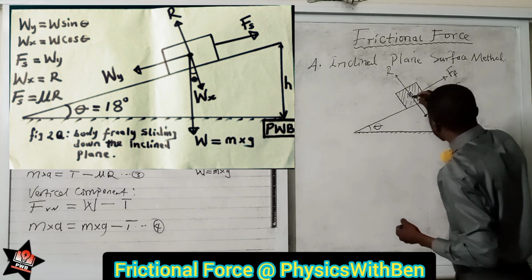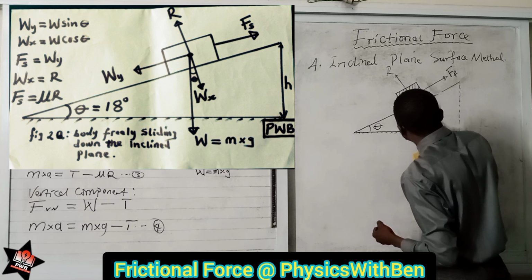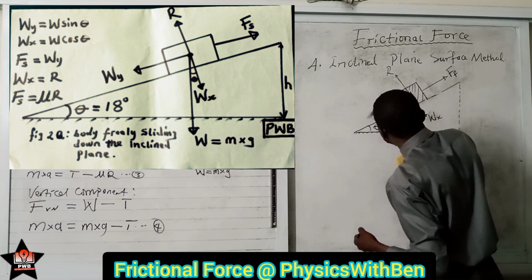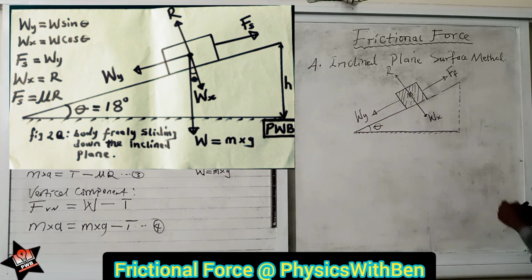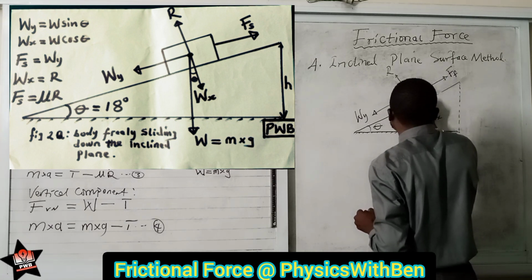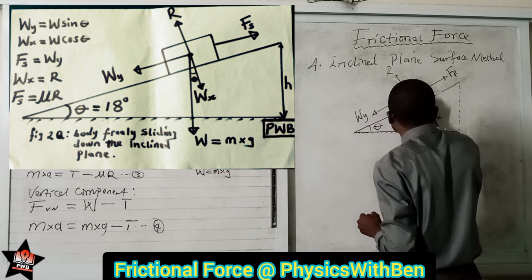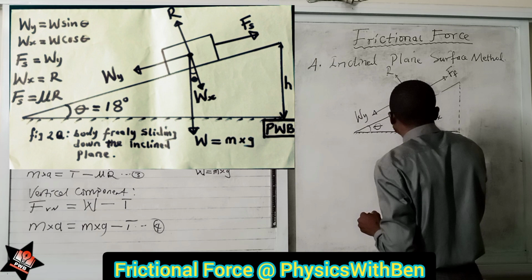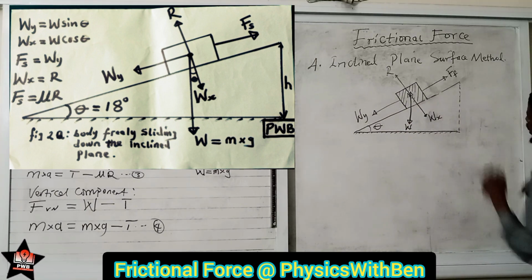Now, down here will be the what? The vertical component, WY, the vertical component of that. And if I draw something like this, good, this becomes just W, the resultant weight.